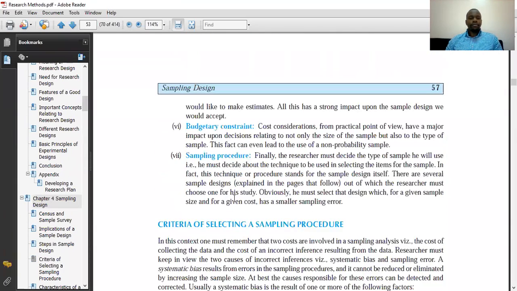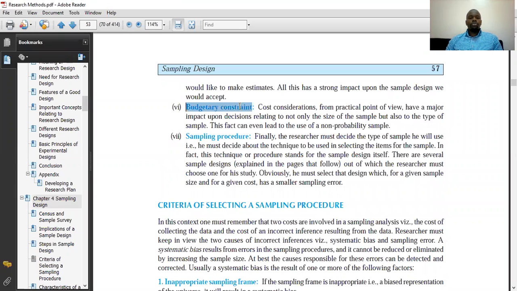All right. Then, of course, when you are preparing your sample design, you have to look at the budgetary constraint. How much money are you going to spend? Why? Because a research is budget bound. For you to collect a sample, there is going to be budget expenses.